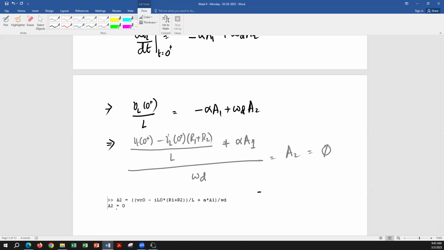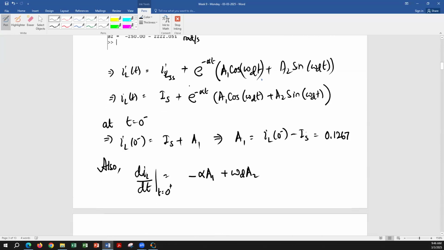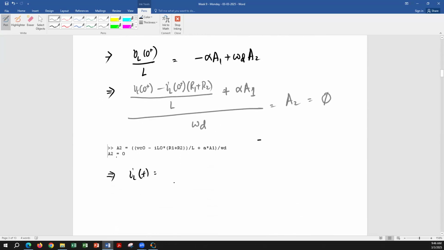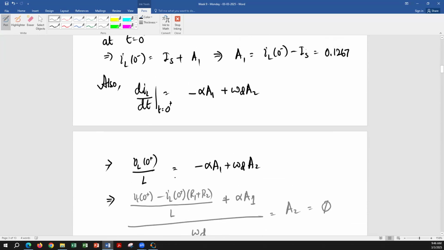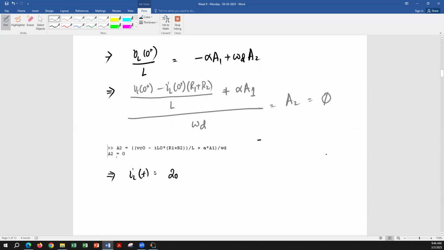Okay. So which implies now that IL(t) is the steady state value, ILSS, that we found out to be equal to IS, and IS is 20 milliampere, plus A1 e to the power negative alpha t, and A1 is 126.7 milliamp.